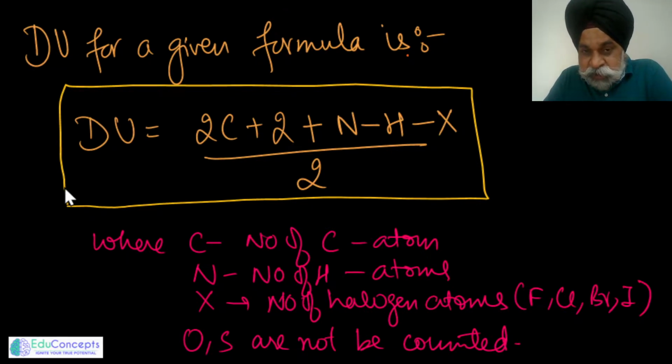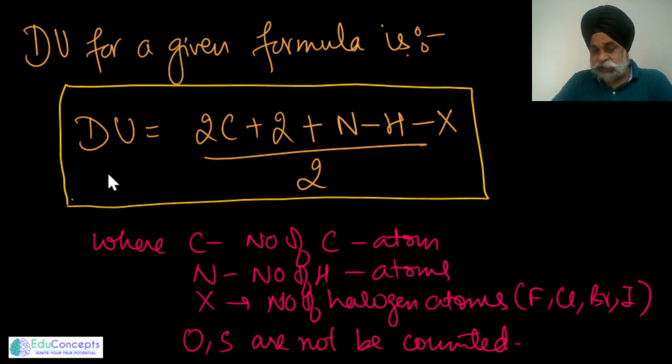I have seen in my experience that people have done the entire organic chemistry and are not aware of what we mean by degree of unsaturation. When they come to know about this term, they feel a little demotivated, that they did so many things in organic but did not have that idea of degree of unsaturation.